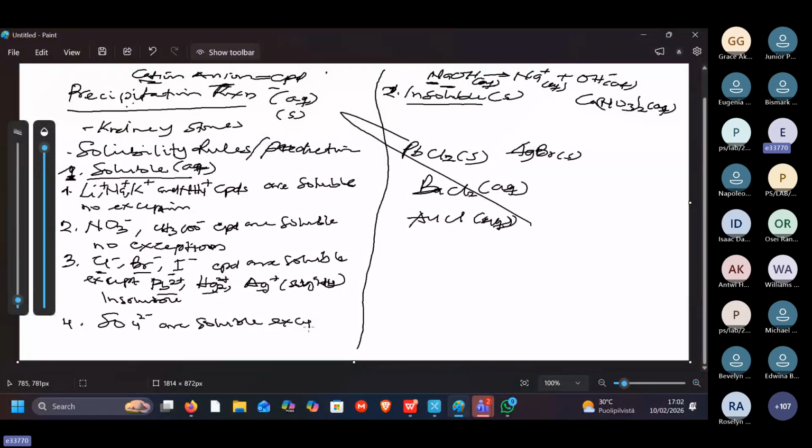So they are generally soluble, except when they meet with, say, calcium 2+, barium 2+, of course lead is also 2+, mercury is 2+, and of course silver is also captured here. Silver plus is also slightly soluble. So sulfate is generally soluble, except when they meet with calcium 2+, barium 2+, lead, mercury, and silver, they become insoluble.